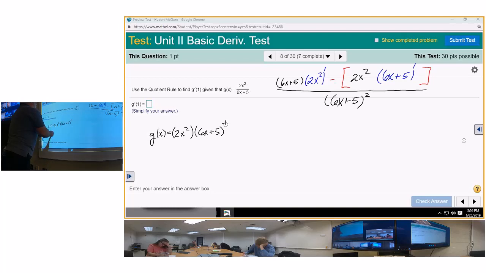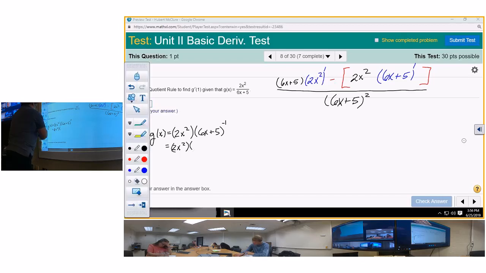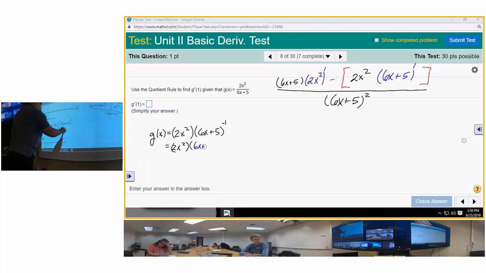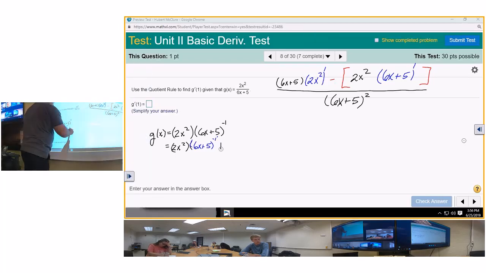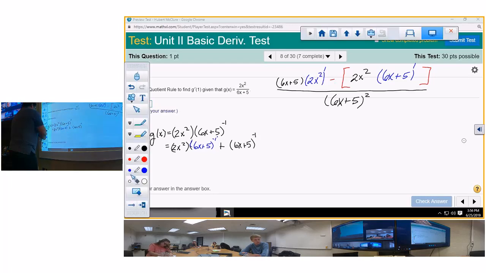And that's going to be first times the derivative of the second, plus the second times the derivative of the first.